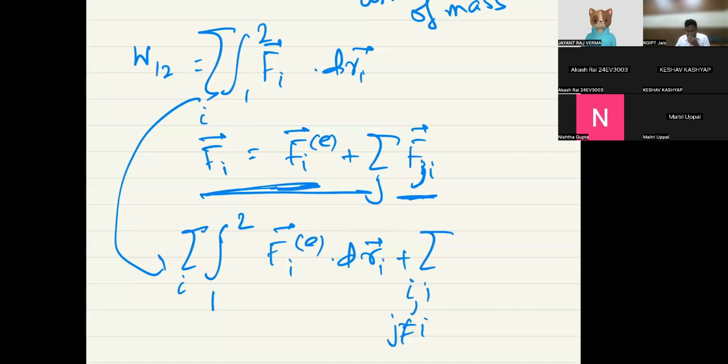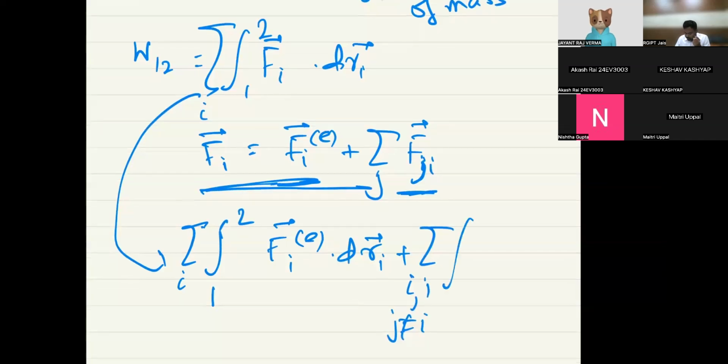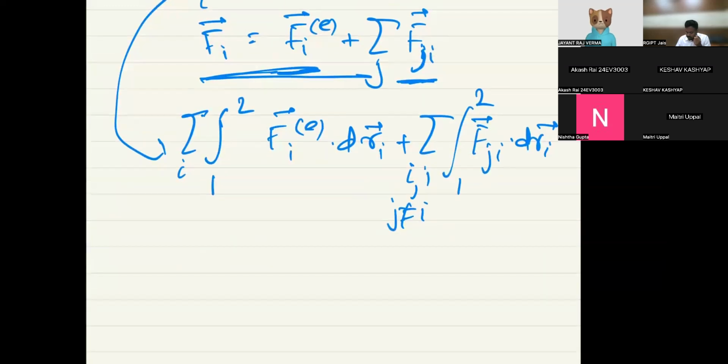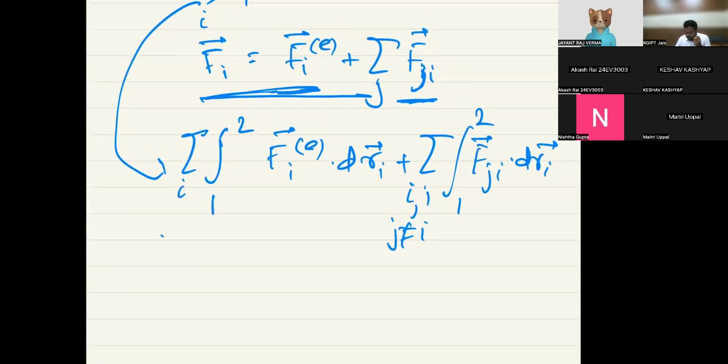That was important; I told you that the same particle we need to discard. And this will be the integral from 1 to 2 of F_ji dot dr_i. Now we can evaluate these terms separately.